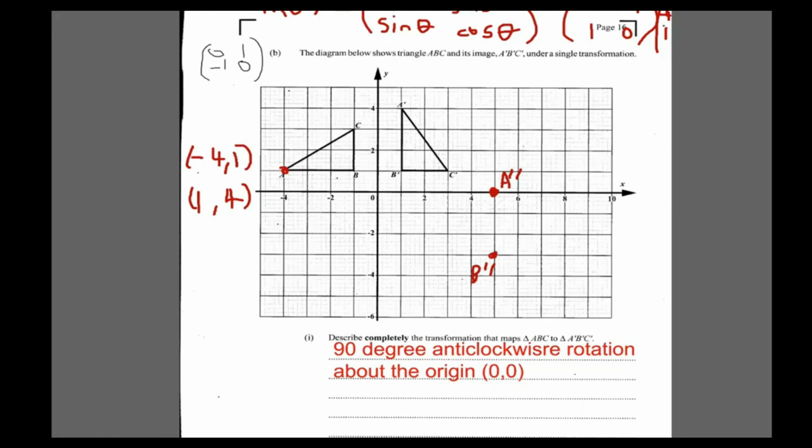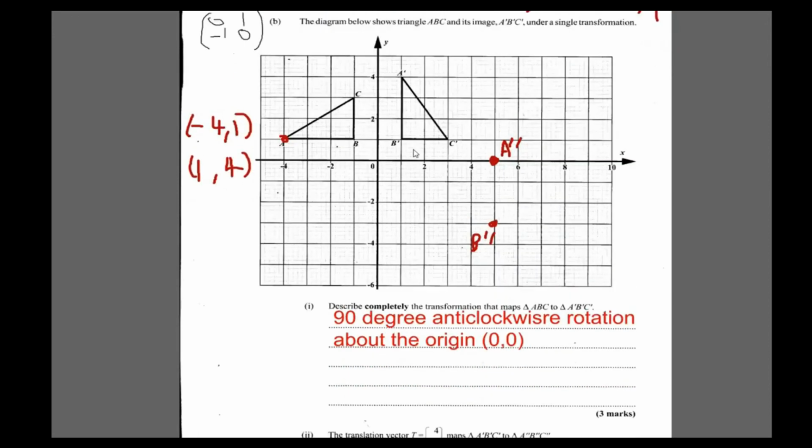Wait, this is 4, negative 5. Let me check this. From B, 5 units down. Oh, I put that in the wrong spot.